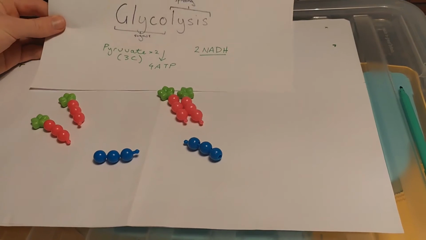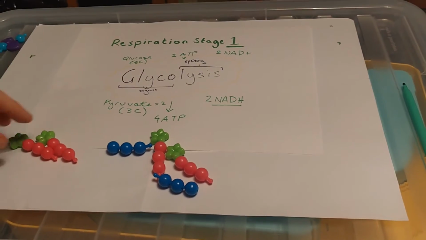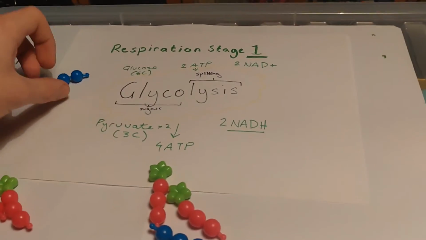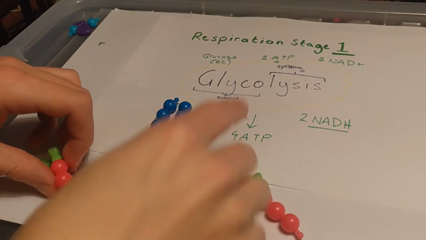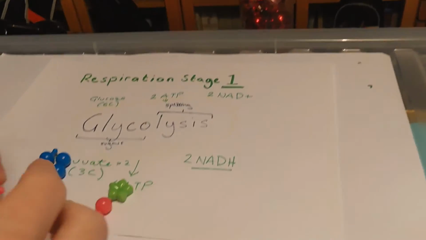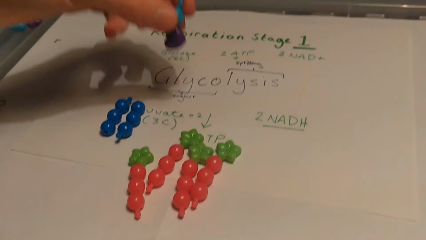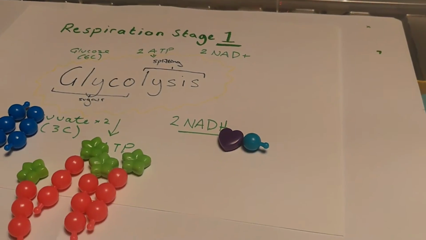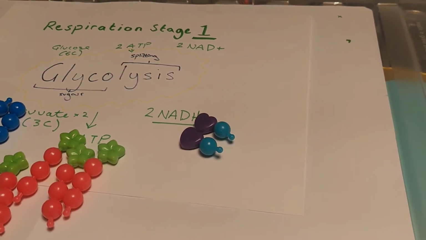And so just to clarify at the end here, we'll bring back my awful little diagram, and we can see that we have got our 2 pyruvate produced from the glucose. We have turned 2 ATP into 4 ATP, which is pretty impressive, and we've turned 2 NAD into 2 NADH.